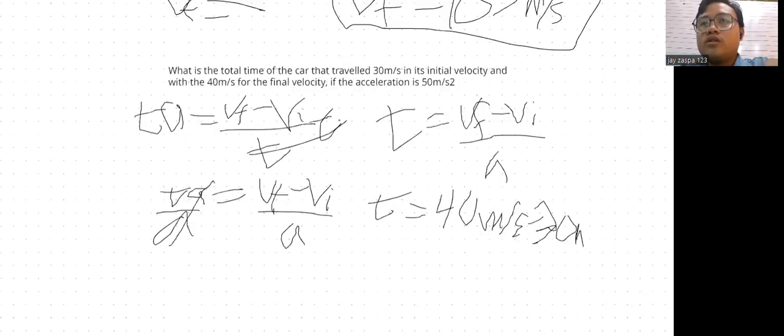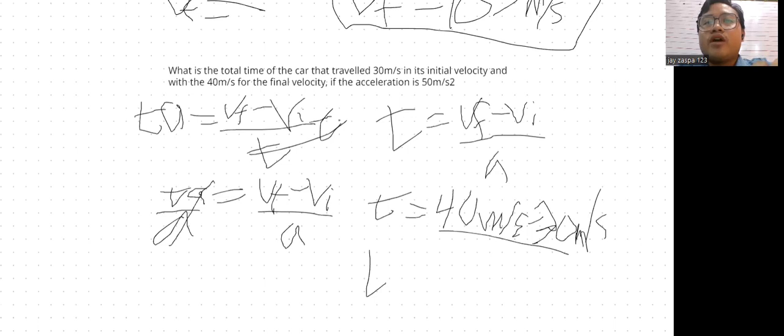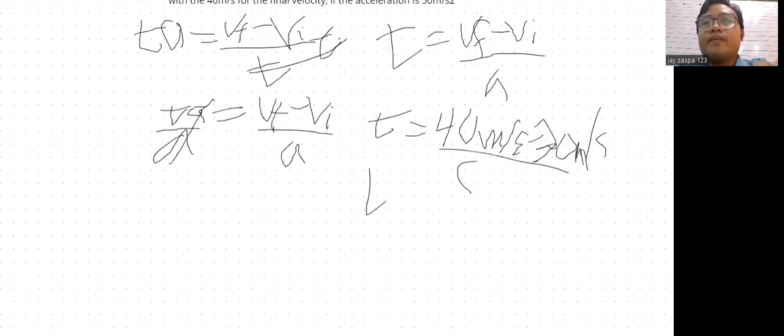Okay, that's my handwriting, that's very bad. It's very hard using a keyboard. And then divided by acceleration. This is acceleration, that is 50 meter per second squared.